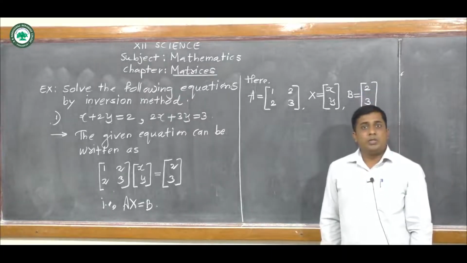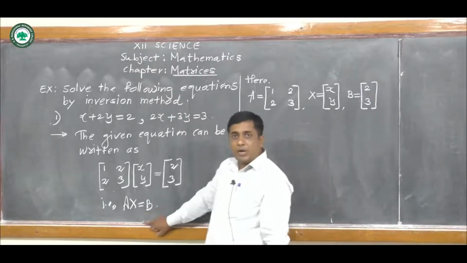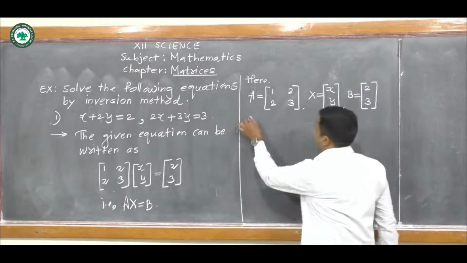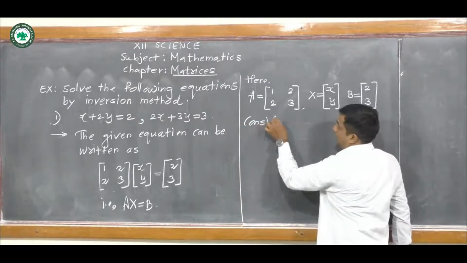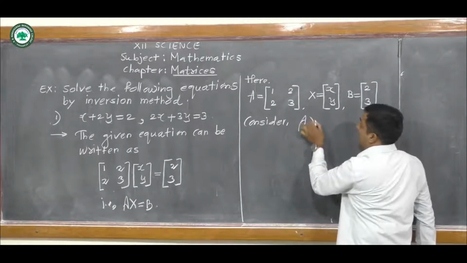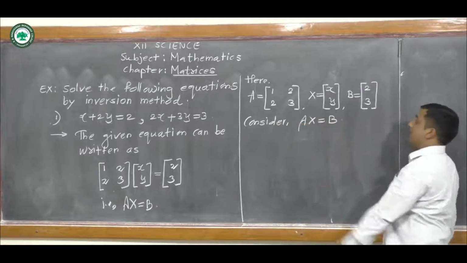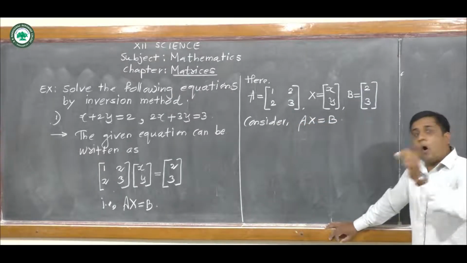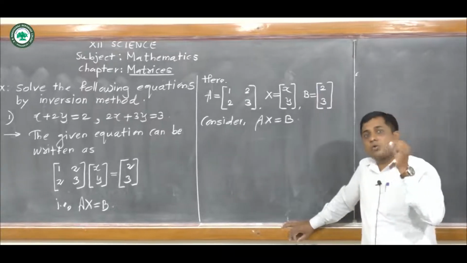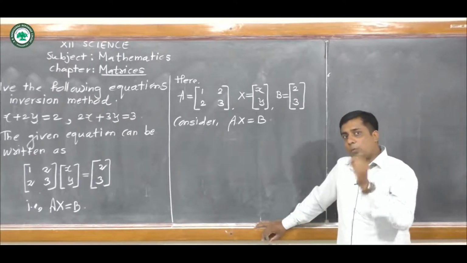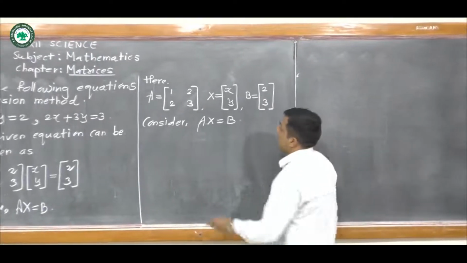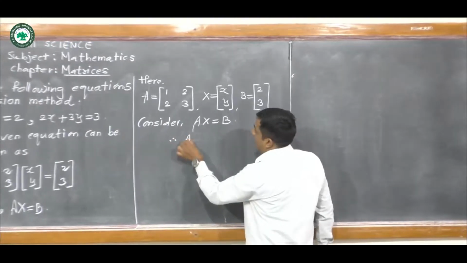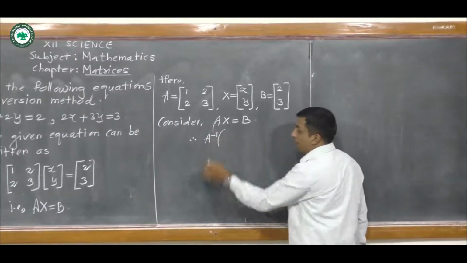Now we consider our given equation AX is equal to B. To solve the system of equations, we multiply both sides by A inverse.